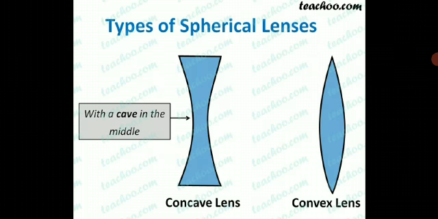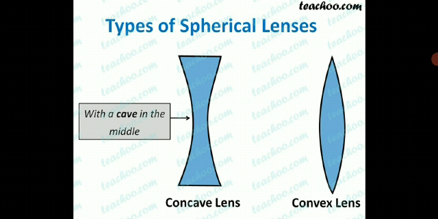So let us see the diagram of the concave lens and the convex lens. Here you will see the concave lens with a cave in the middle. It is thinner at the center and it has wider edges. Whereas the convex lens, you will see, at the center is thicker and tapers towards the end, that means narrower towards the end.